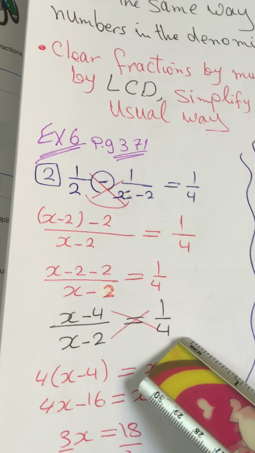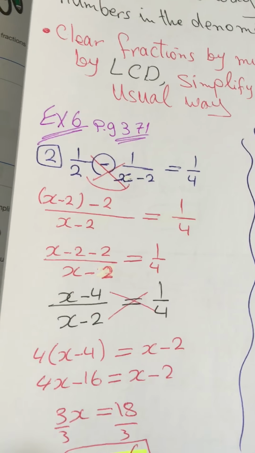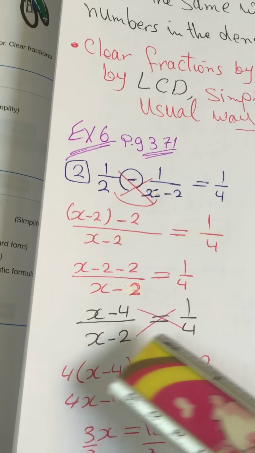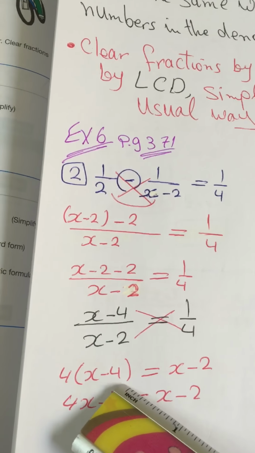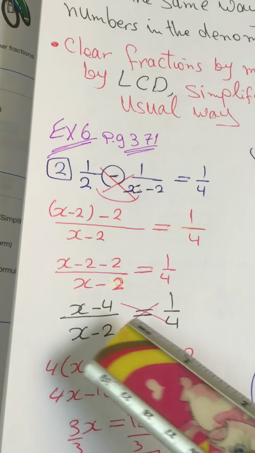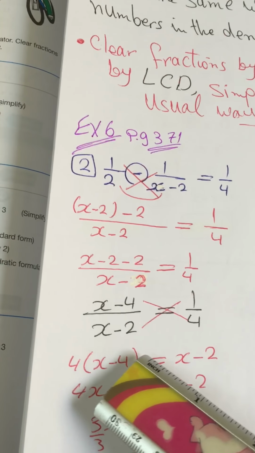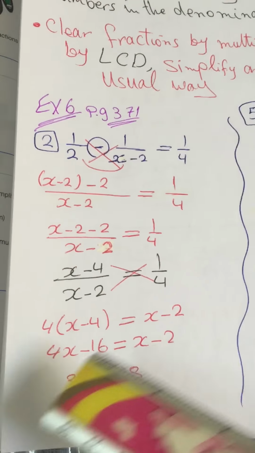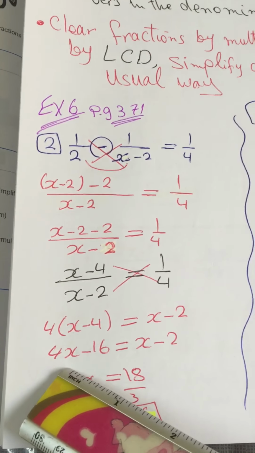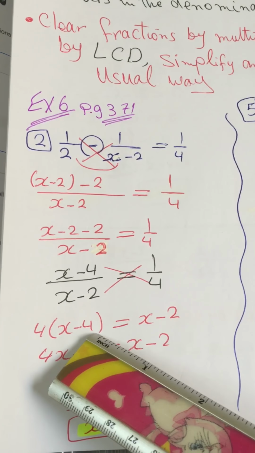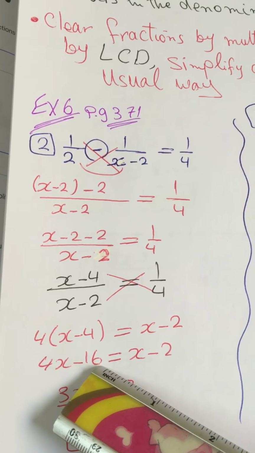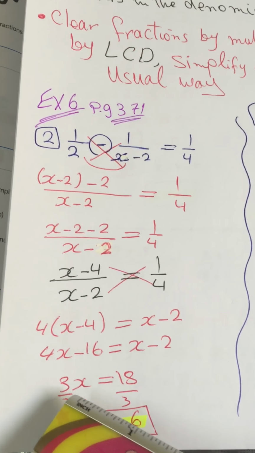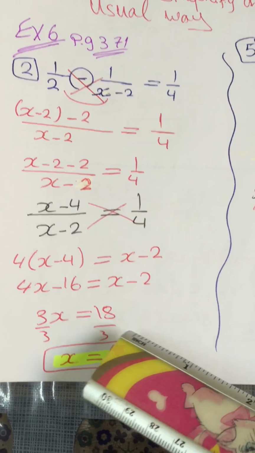You can make cross multiplication like this. So you have 4 multiply x minus 4 equal x minus 2, sorry. Now distribute: 4 times x equal 4x, 4 times negative 4 equal negative 16, equal x minus 2. Collect the x's on one side and the numbers on the other side.